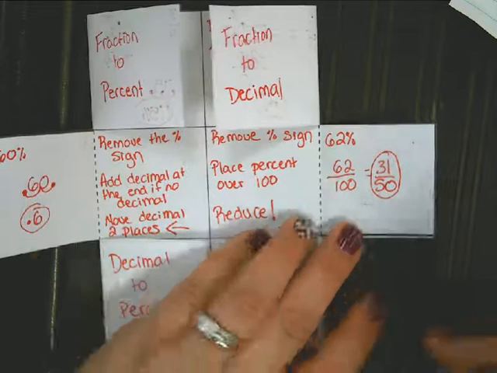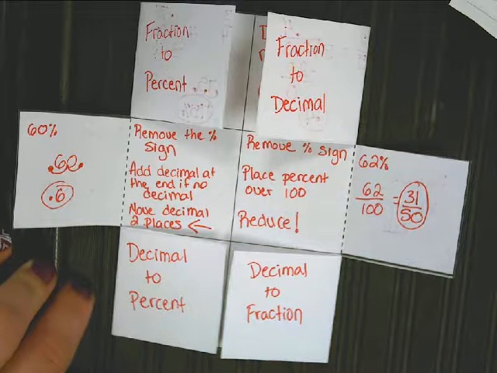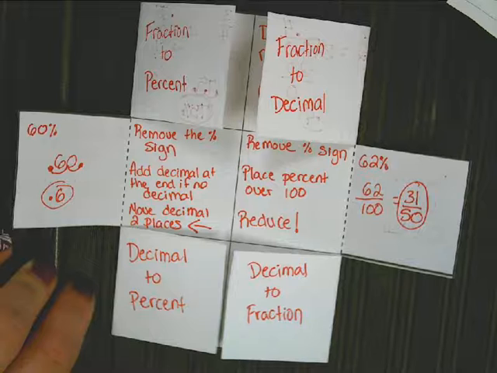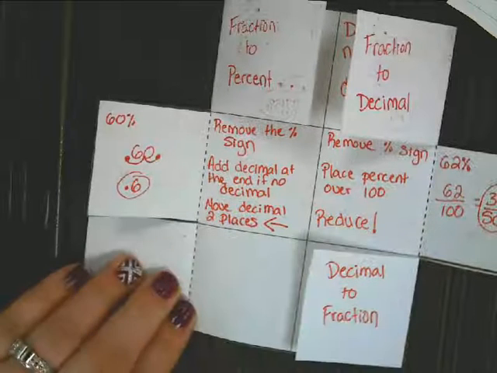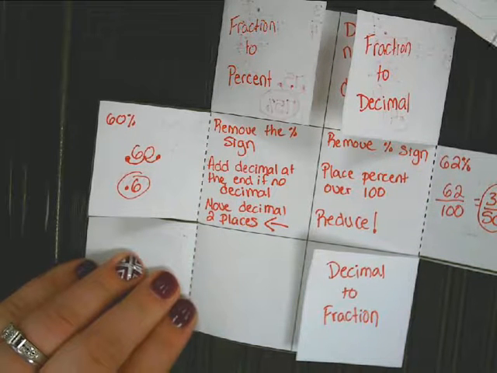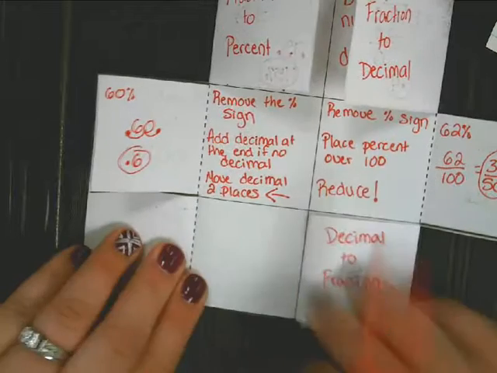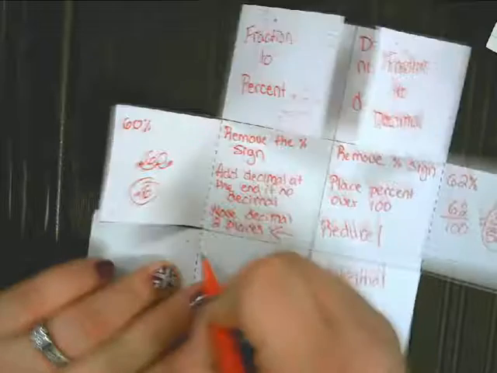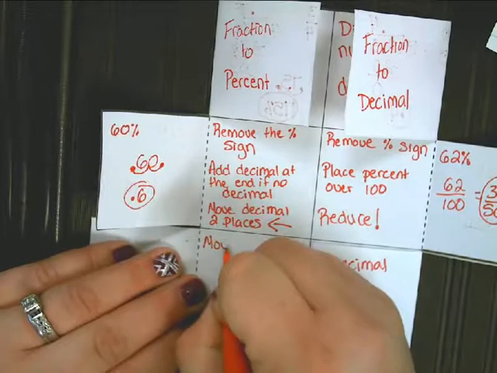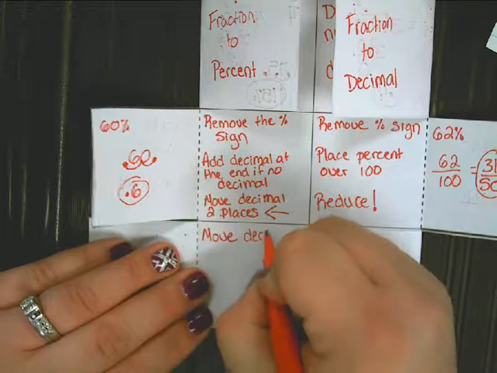Question on if you're given a percent, how to change it to a decimal or a fraction. Now decimal to percent, 2%. Move the decimal 2 places to the right.